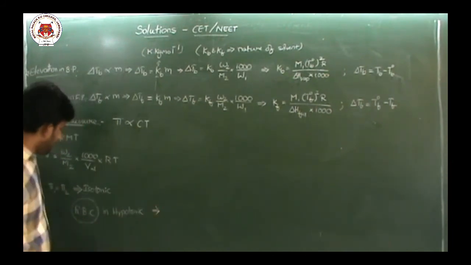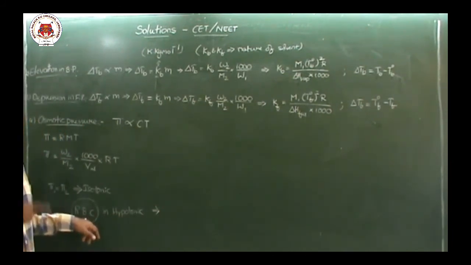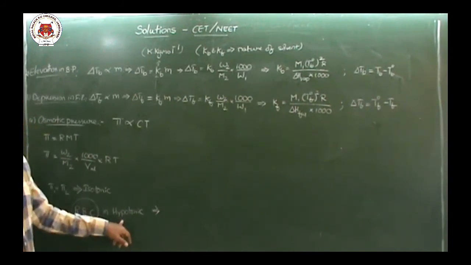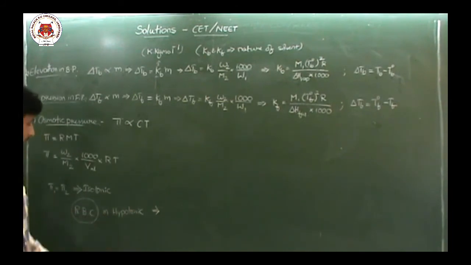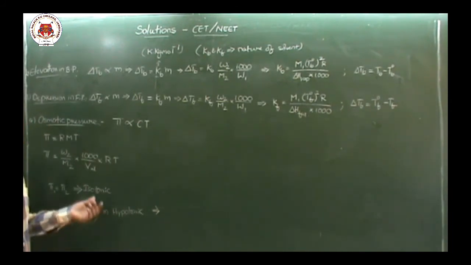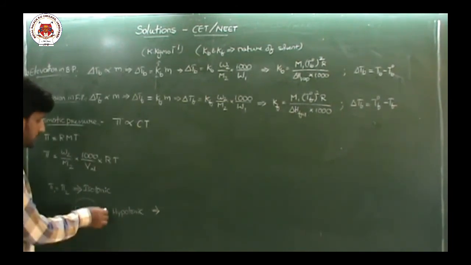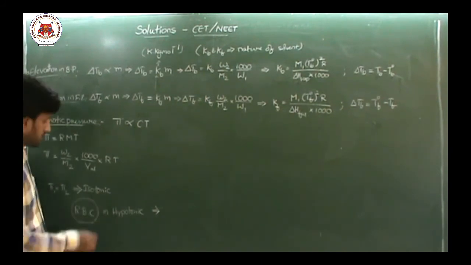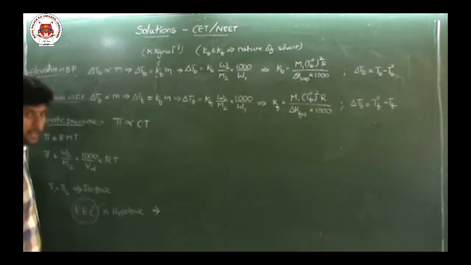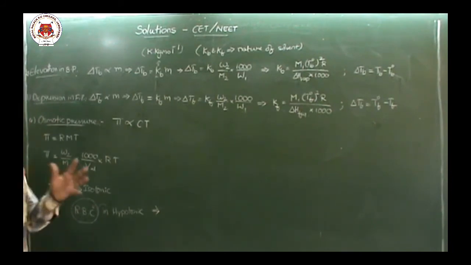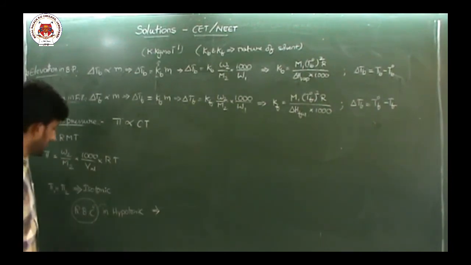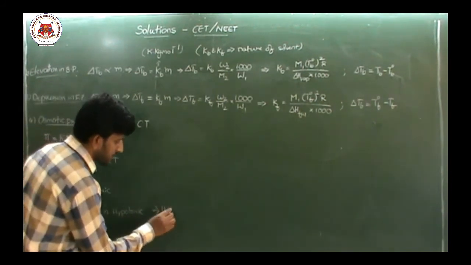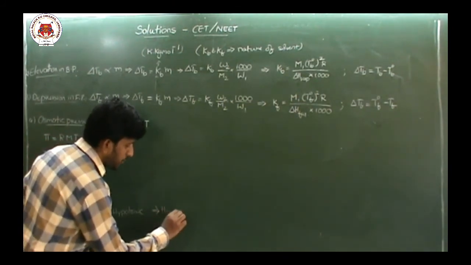Since the osmotic pressure inside the cell is greater than the osmotic pressure outside the cell, solvent particles from outside should move into the cell, and swelling of the cell takes place. That swelling of the cells we call hemolysis.